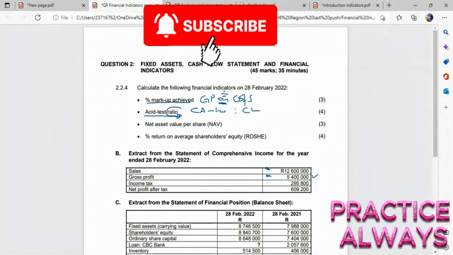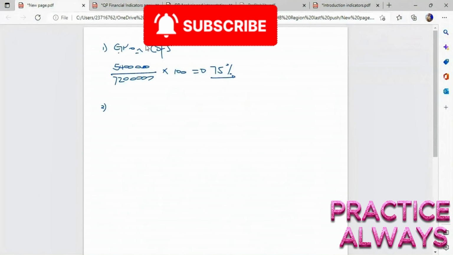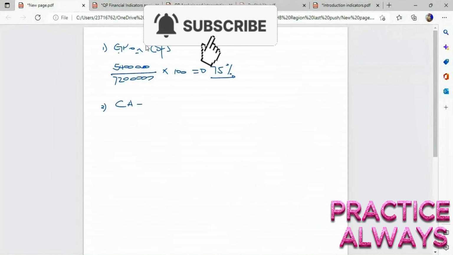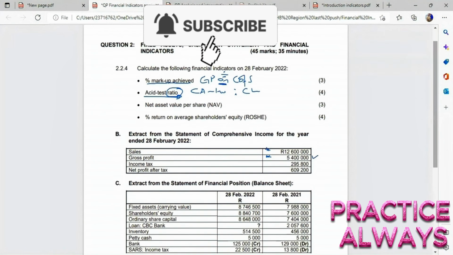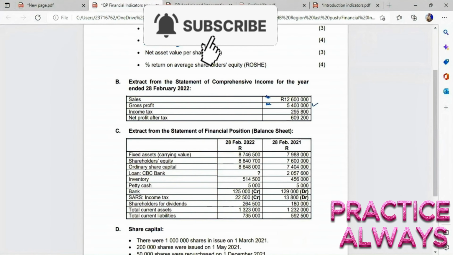And remember, it is a ratio. That's why the formula will be like this. So let's check: that is your current assets minus your inventory is to current liabilities. So let's check the information given to us.